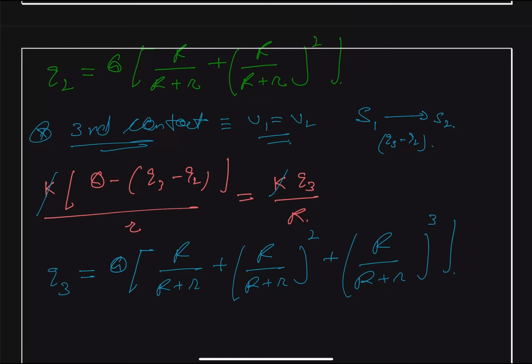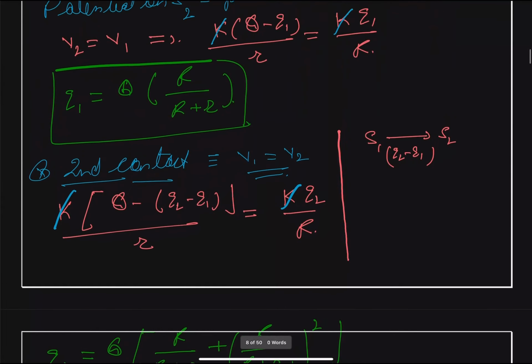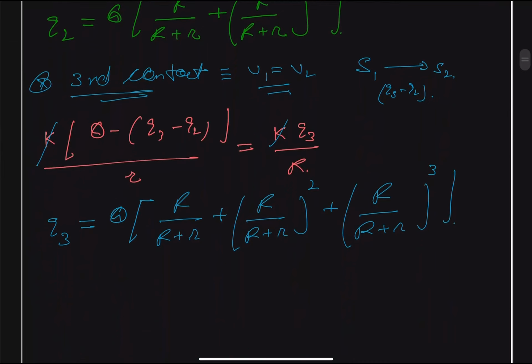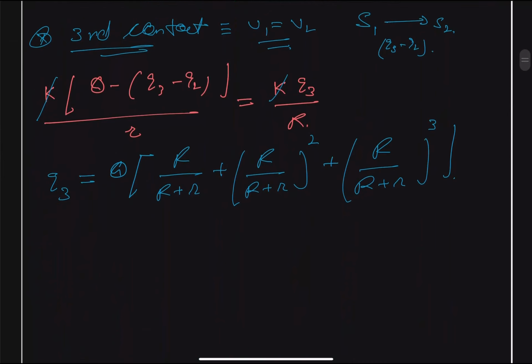So we can make a conclusion from all these transfers. If we see the equations, we can derive the general equation for the transfer for the nth contact. For the nth contact, V1 should be equal to V2.